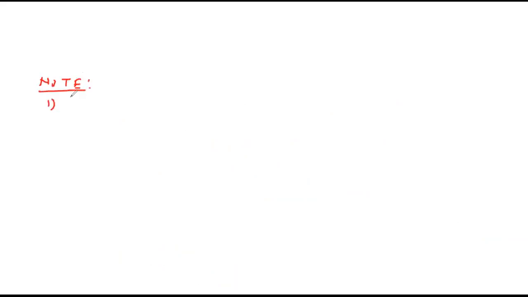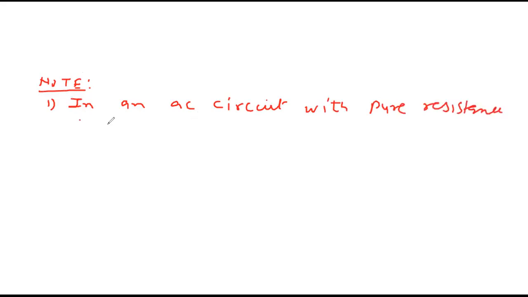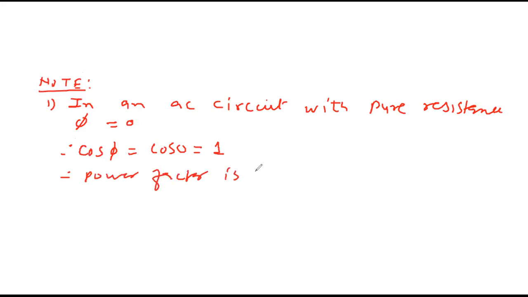First, in an AC circuit with pure resistance, phi is 0. Therefore, cos phi equals cos 0 equals 1. Therefore, power factor is unity.